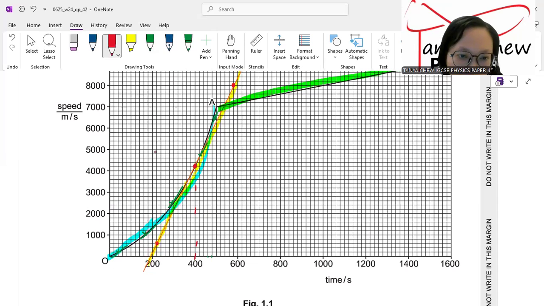And then now I'm going to read this. This is 220, and this is 600. I have two coordinates. I based on only my tangent to find the gradient. Now this one is, let me see.